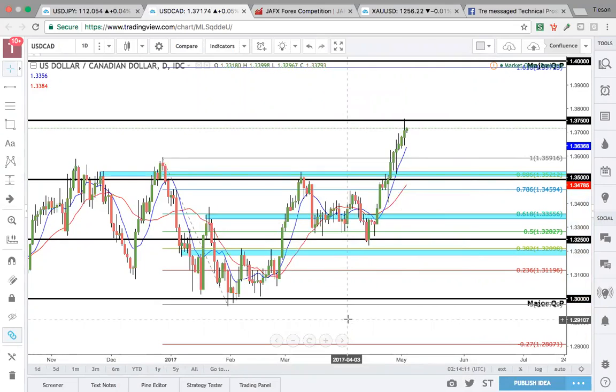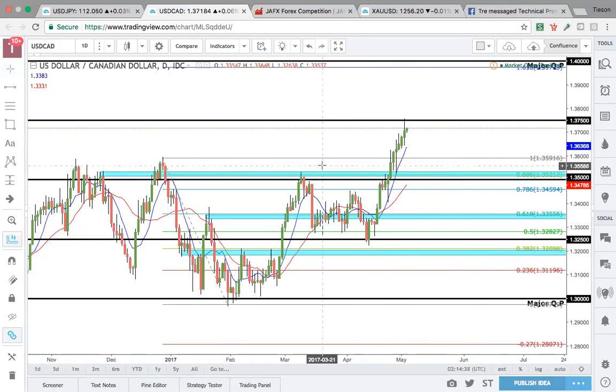Okay. So what I like to look for is when I see a break, I like to look for some type of retracement, and then I like to see it continue its trend. So like this most recent move, for example, it broke above, it retraced down to an 88.6 zone, and it continued up.